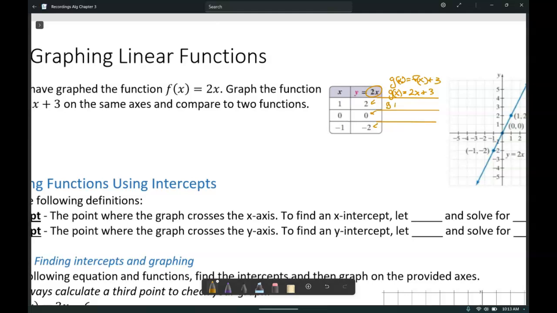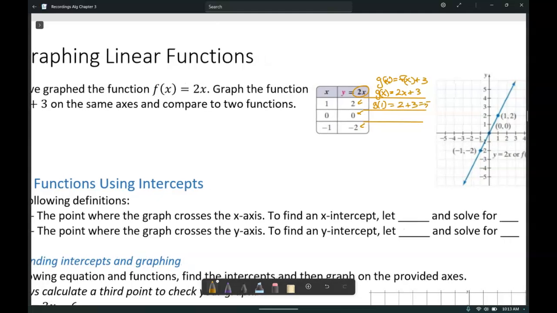So in order to evaluate g of 1, we can take f of 1, which is 2, and add 3 to get 5. And so we have this new point, 1, 5. We can do the same thing with g of 0 equals 0 plus 3, which equals 3, because f of 0 is 0.